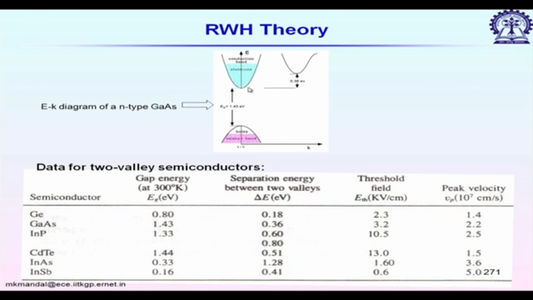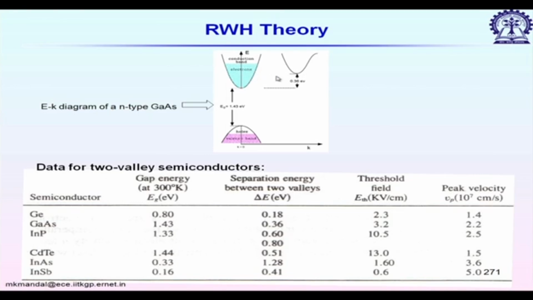Now, if the electron kinetic energy is sufficiently high, more than, let us say, the bottom of the second band, then it will see that there is one empty band available which has lower energy. So, it will jump into the second band, but for that we need to provide sufficient energy to the electron.